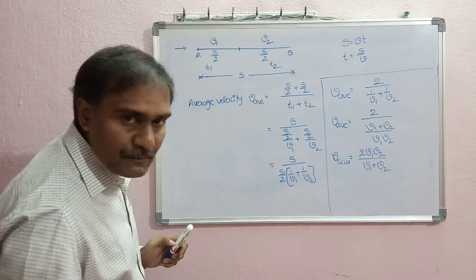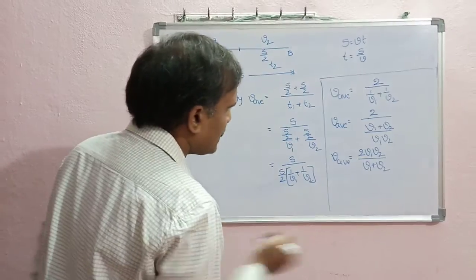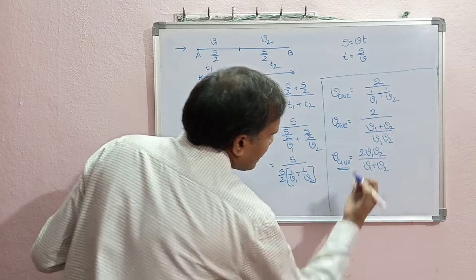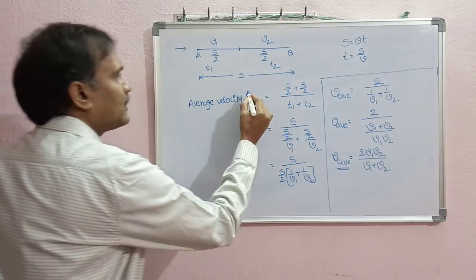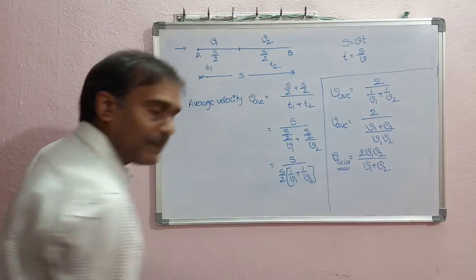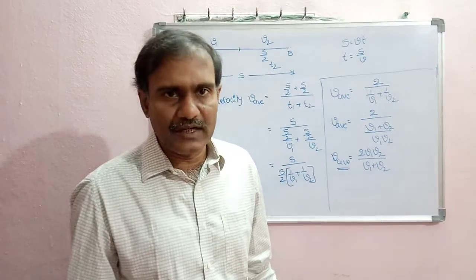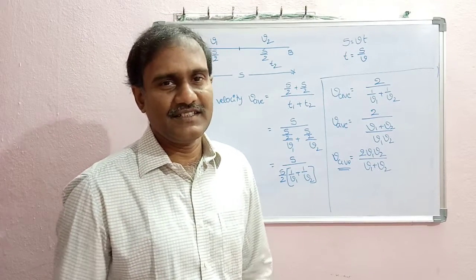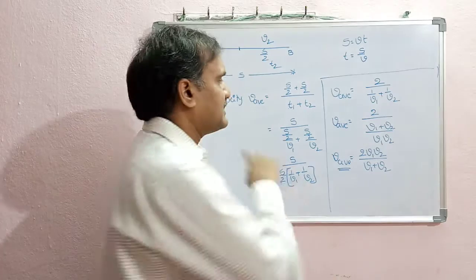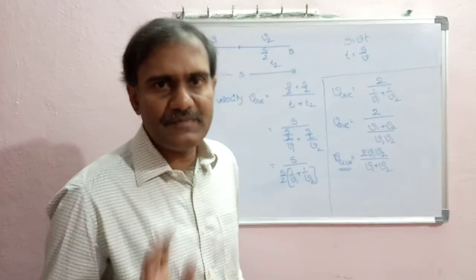What is average speed? Here average speed is also equal to how much? This is average velocity, or you can take it as bar. Average speed is also equal to 2V1 V2 divided by V1 plus V2. Remember that, because the particle is moving along the same straight line.